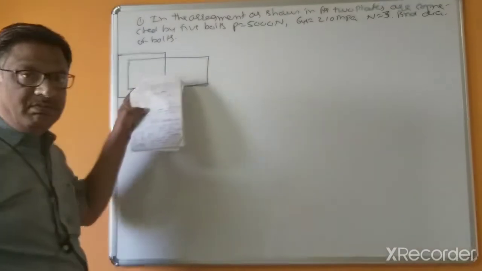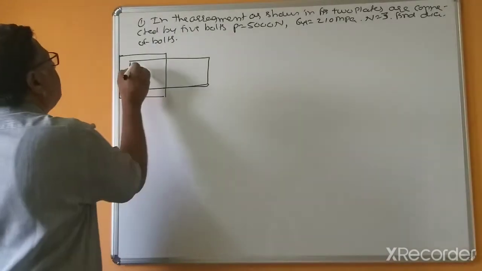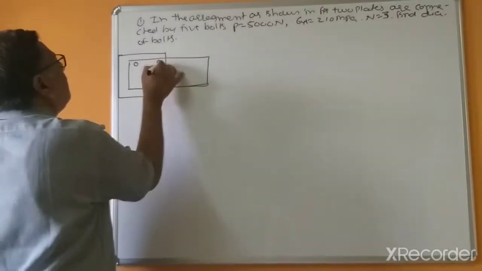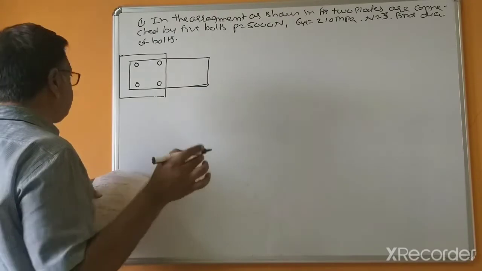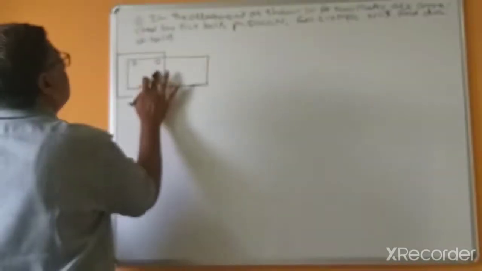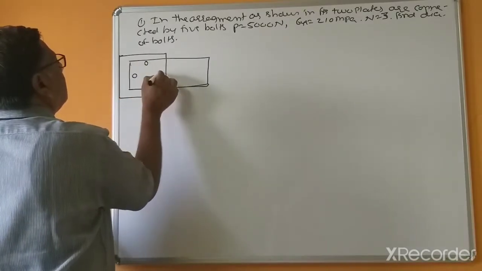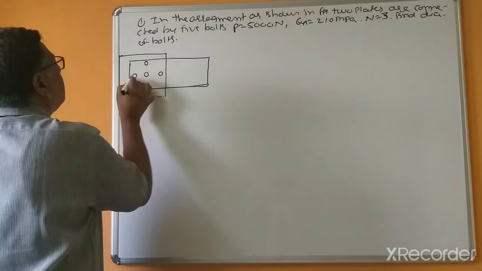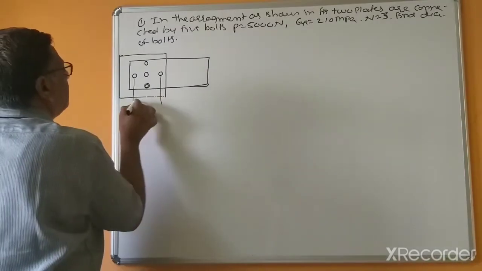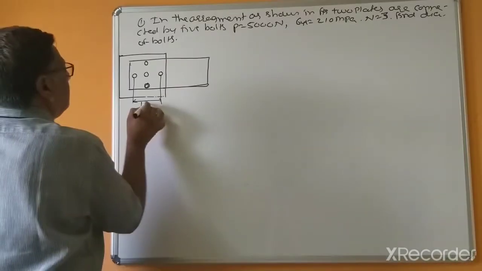So this may be the beam and this is the bracket. We can call it the bracket. Distance is 100.